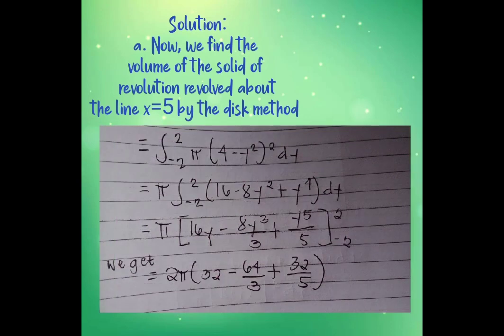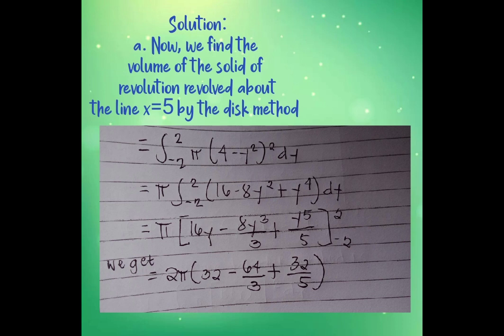So now we integrate using the power rule of integration. The integral of pi times 4 minus y squared, squared dy is equal to pi integral of 16 minus 8 y squared plus y to the 4th dy, which is equal to pi times 16y minus 8 y to the 3rd over 3 plus y to the 5th over 5, to the limits of 2 and negative 2.